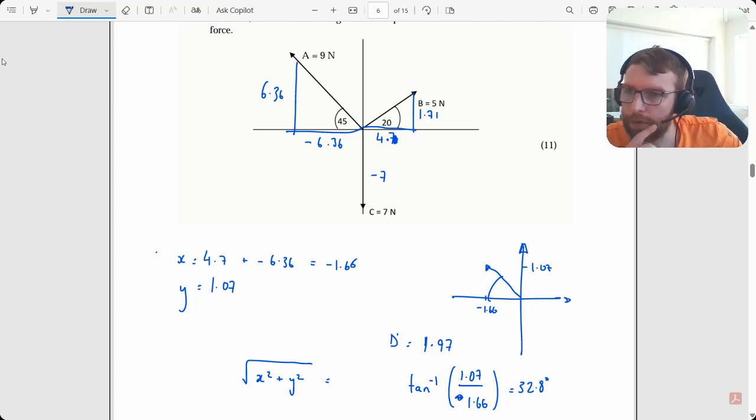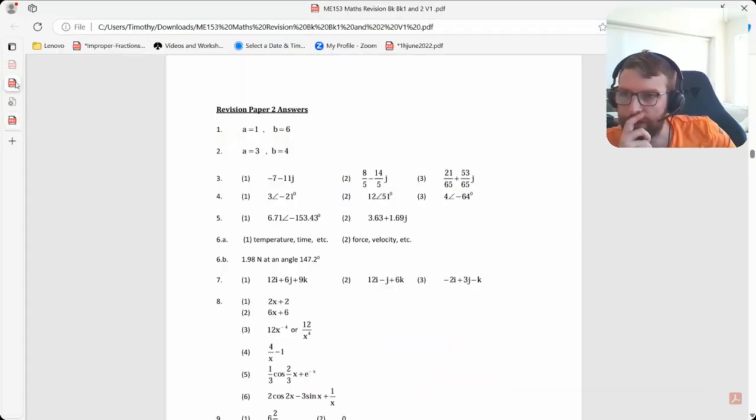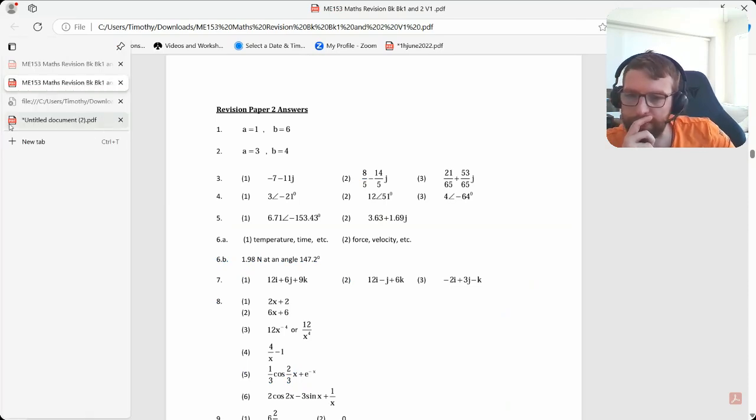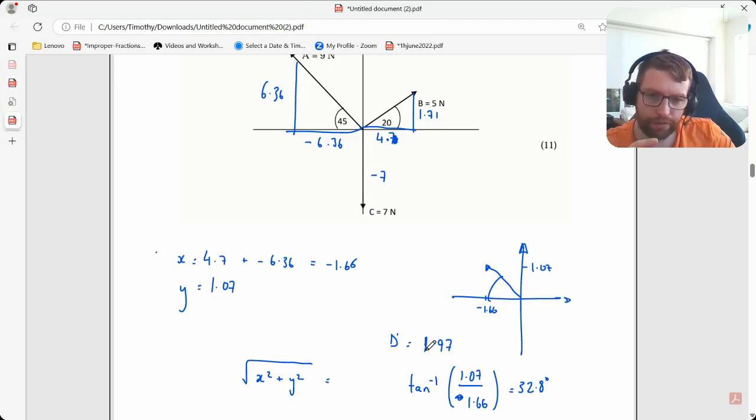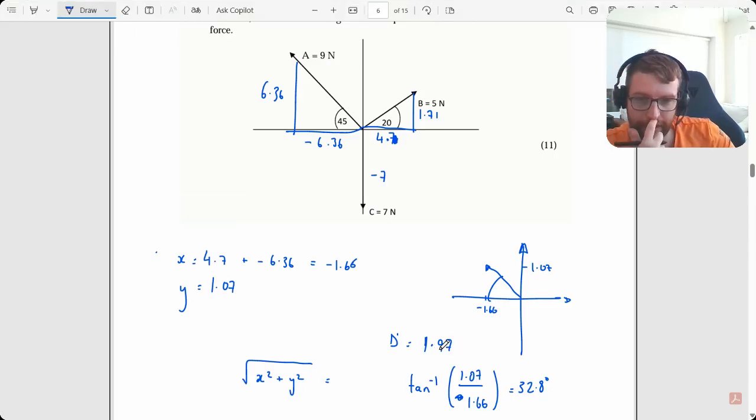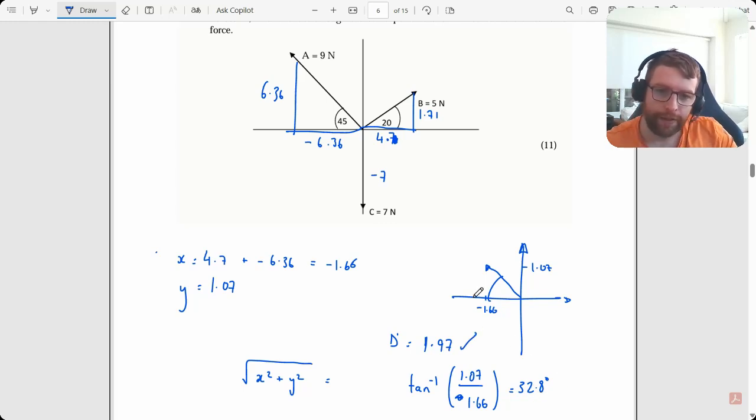Okay, so looking at the answers, I should be closer this time. So 1.98 and 147.2. And yeah, I may have rounded wrong here for the 1.97, so I know that's okay. But the 32.8 is actually this bit here.